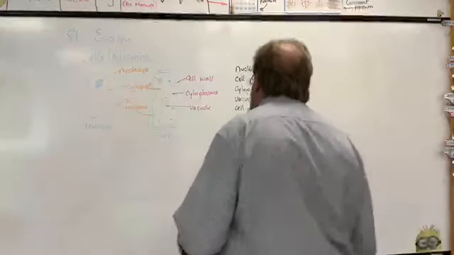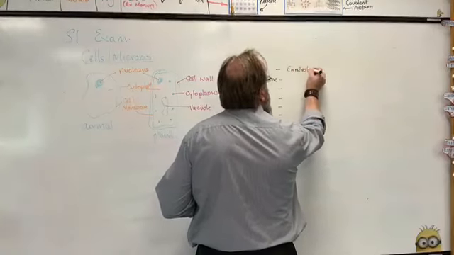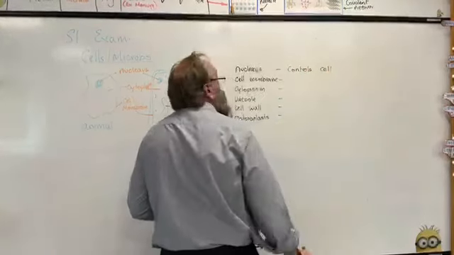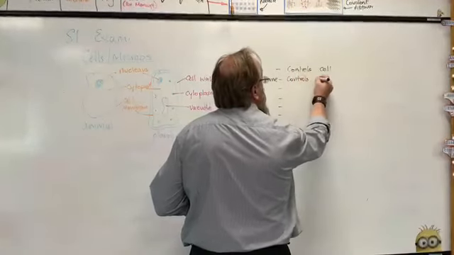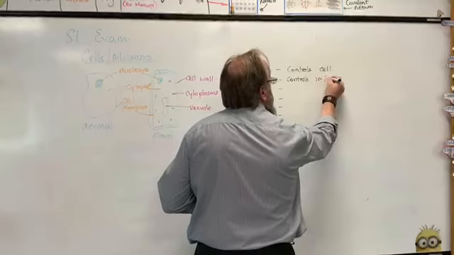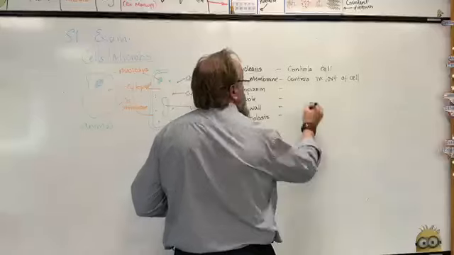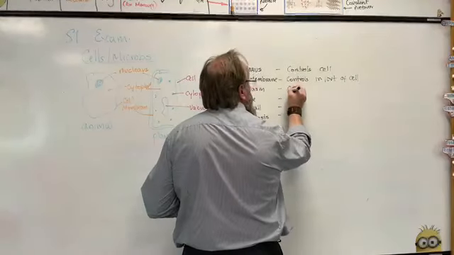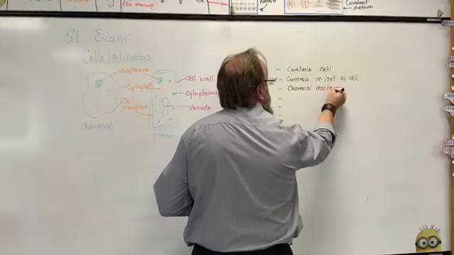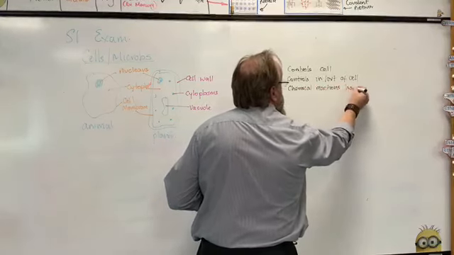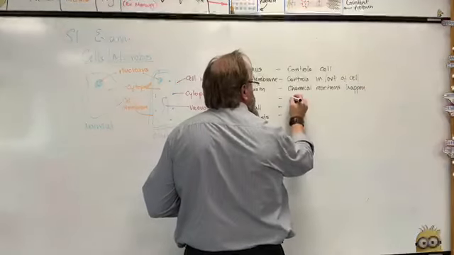These things have a function. The nucleus, that controls the cell. The cell membrane controls what's allowed in and out. The cytoplasm, this is where chemical reactions take place. The vacuole, that contains cell sap.